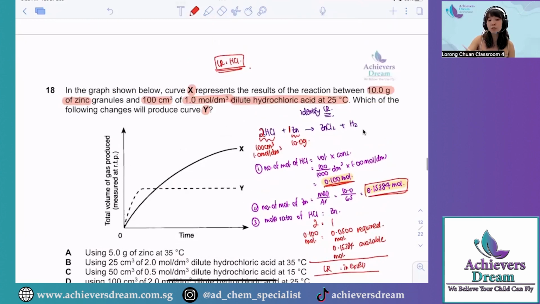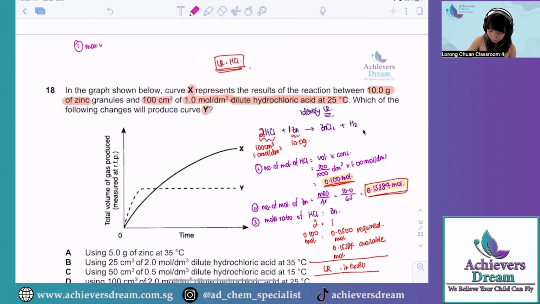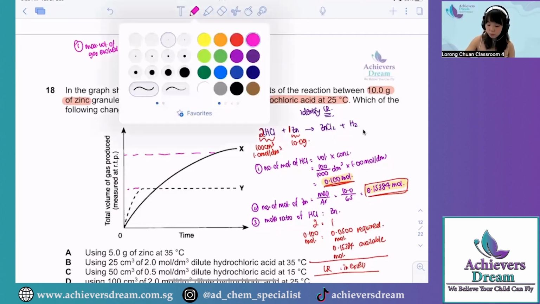Now let's focus on the two aspects of your speed of reaction graph. The first aspect is the maximum volume of gas evolved, which depends on the number of moles of limiting reagent. So what do I mean by this?